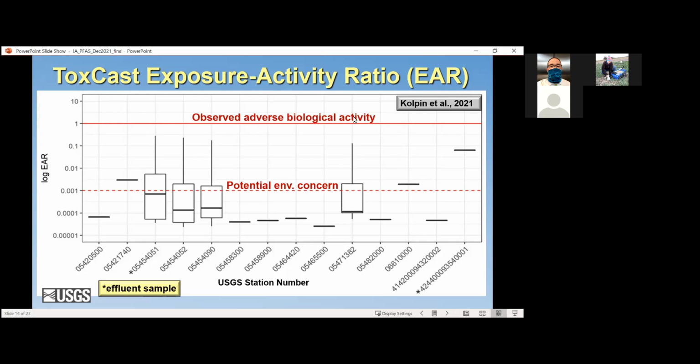We didn't have any that exceeded that level, but others have used 0.001 as a threshold of potential environmental concern. It doesn't say there are necessarily definitive effects, but the ratios are such that it's worth investigating further. And we had a number of samples that exceeded that potential environmental concern.